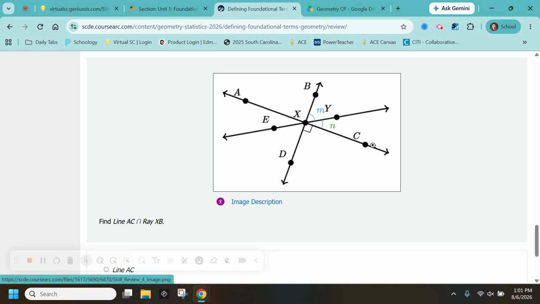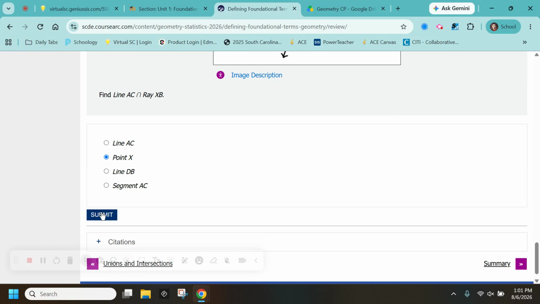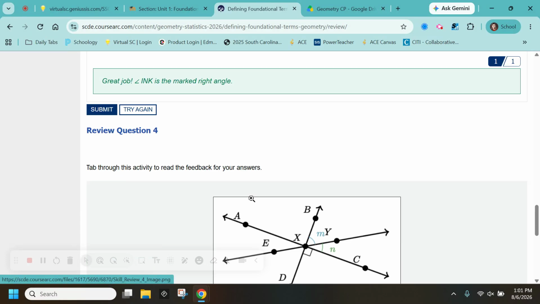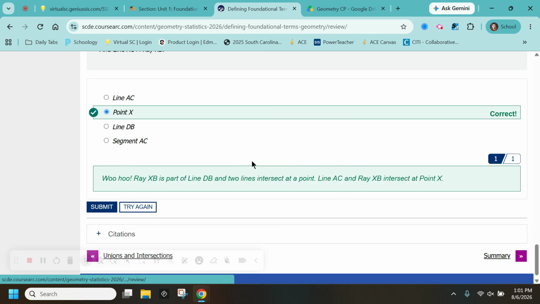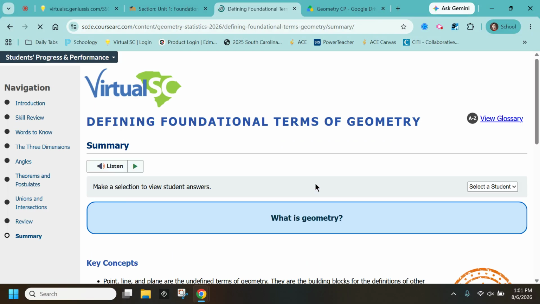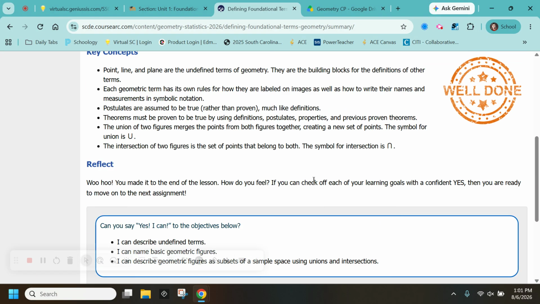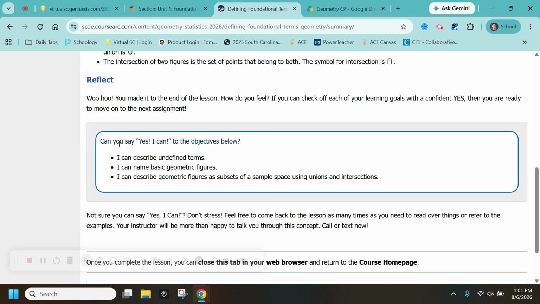So AC and ray XB intersect at point X. And that is it. We can go on to our summary, and that just kind of goes through the main concepts of that lesson.